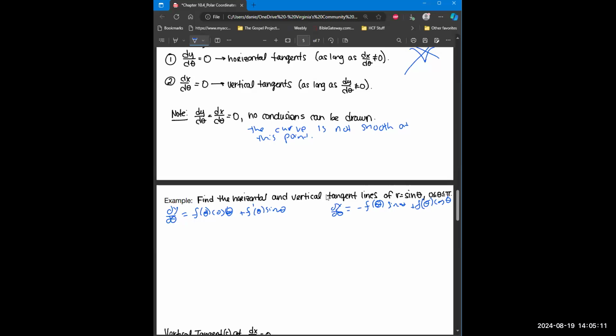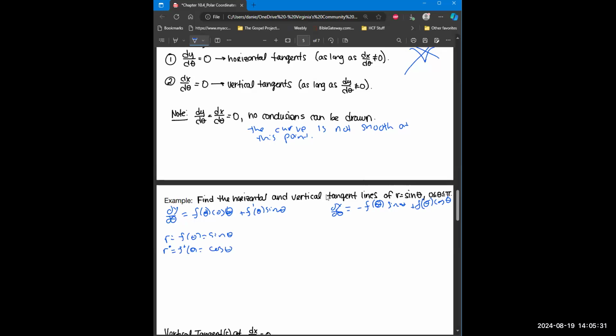So let's look here and see, r, which is equal to f of theta, is equal to sine theta, which means r prime, or f prime of theta, is equal to cosine theta.